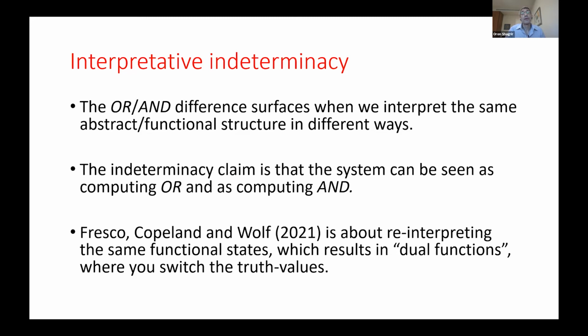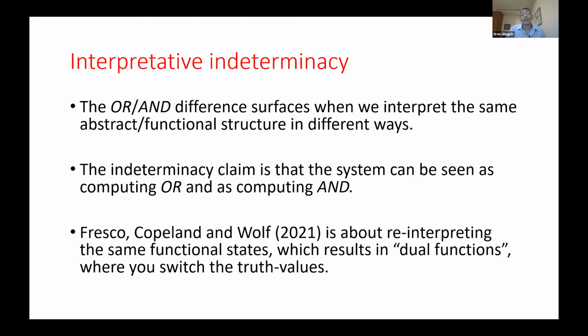So this is what we call the interpretive indeterminacy. In this case, the OR and AND difference surfaces because we interpret the same, and this is the important thing, the same abstract functional structure in different ways. So the indeterminacy claim is that the system can be seen as computing OR and as computing AND.